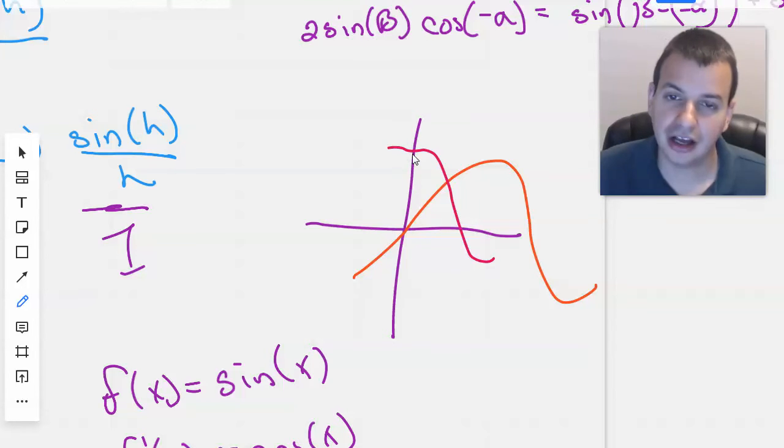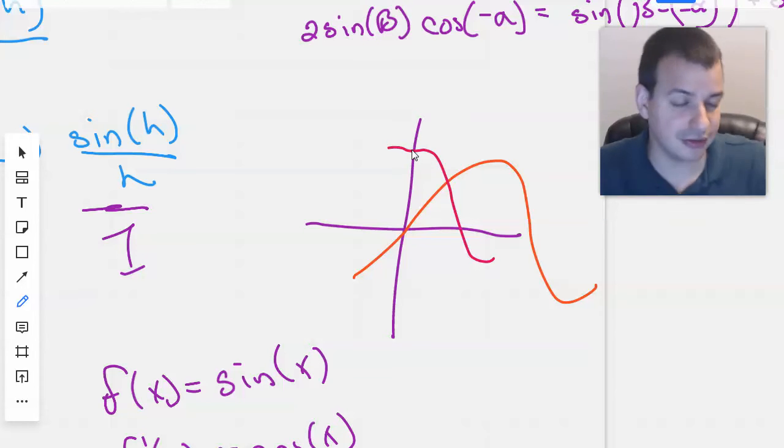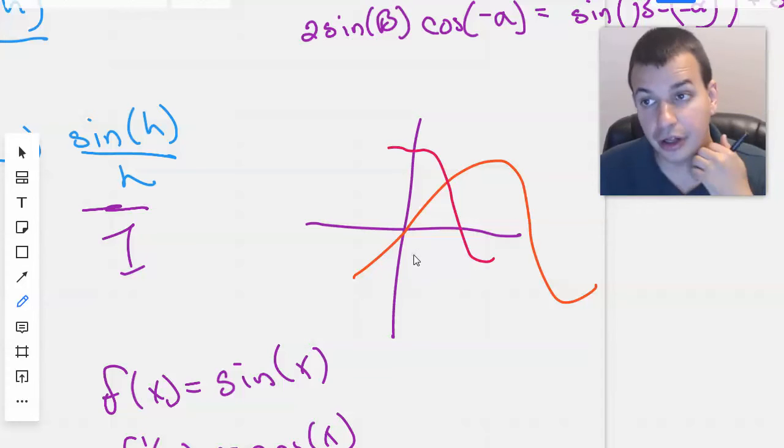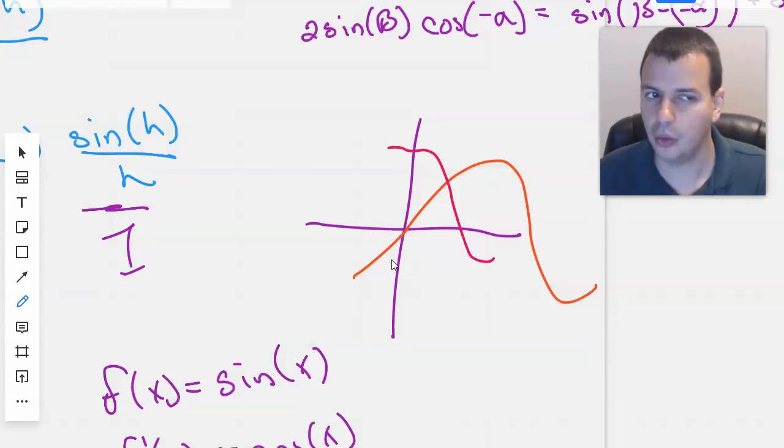And if you think of the graph of cosine of x, which looks like this, then cosine of x starts off positive. So if you look at the 0, the derivative of sine of x at 0, you're like, okay, that's a positive number about 1.